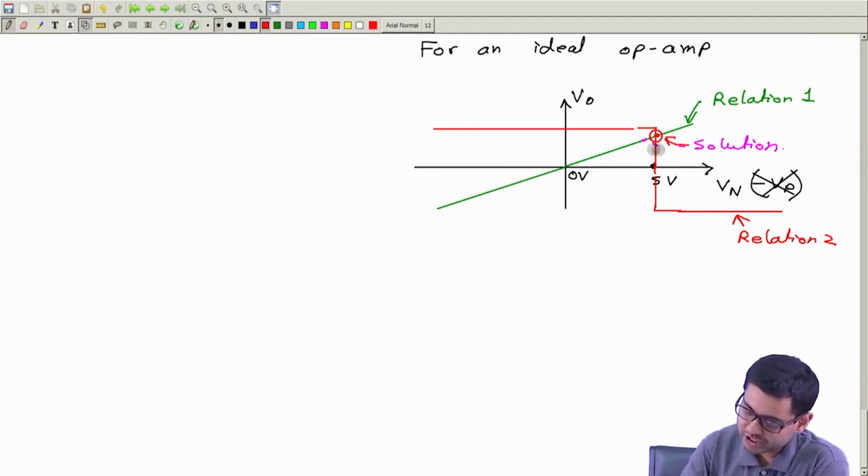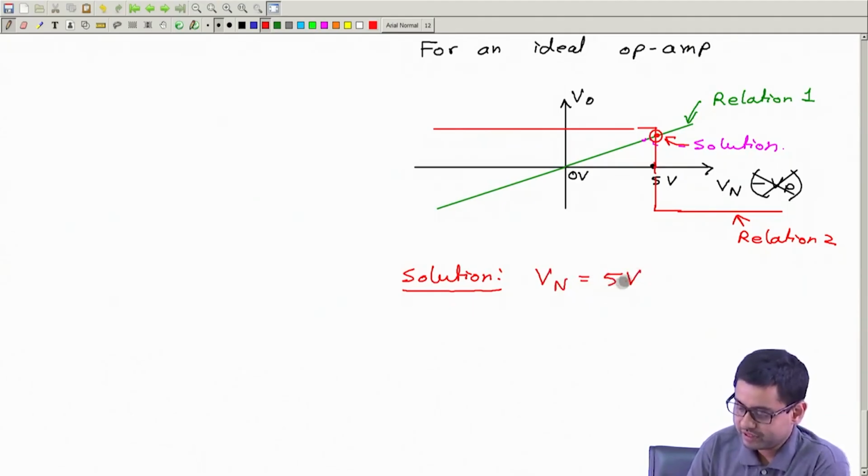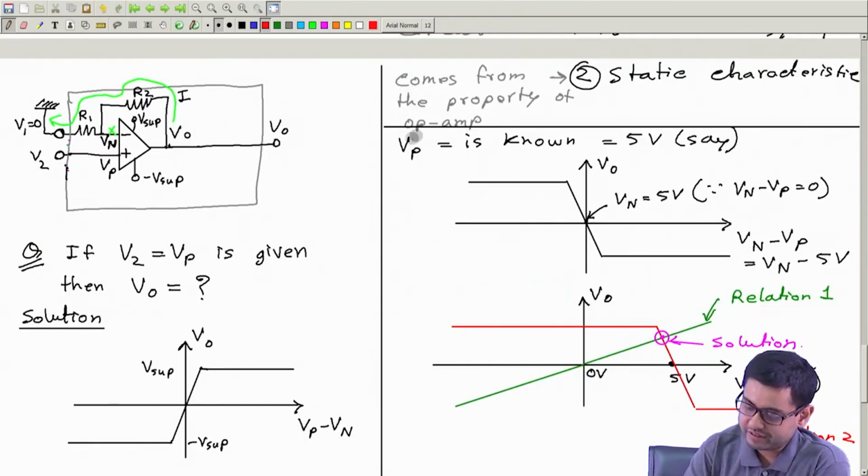Okay, so what is the solution? The solution is that Vn at this point is equal to this value, 5 volt. But what is this 5 volt? This 5 volt is nothing but the value of Vp.